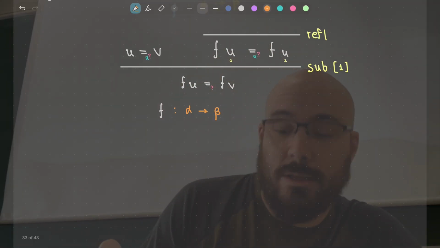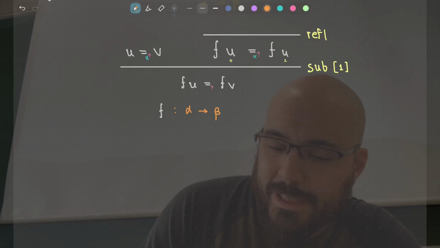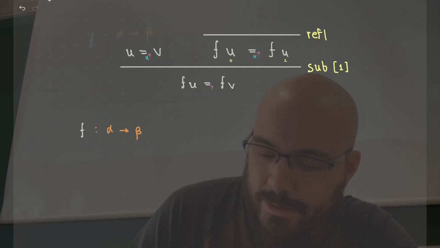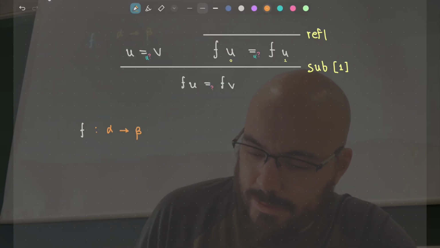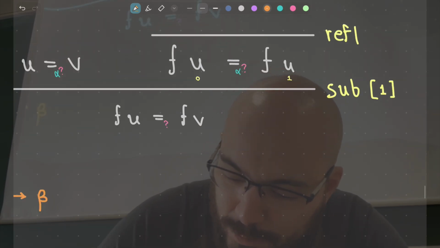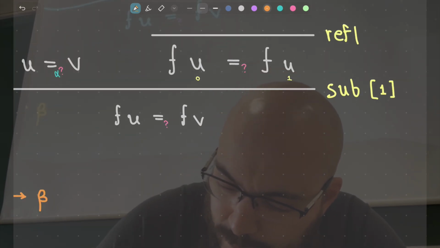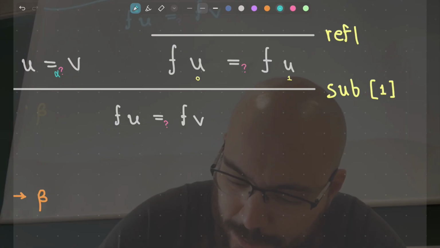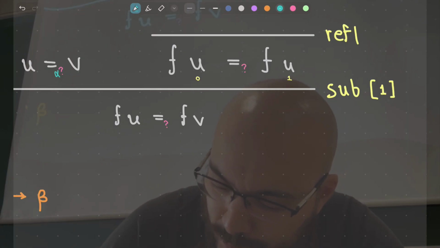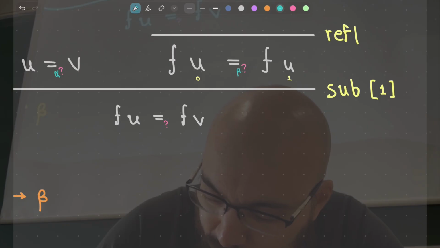So I want to be more generic and put any type beta. And this means that now I have a better idea of what to put here. This should be a beta, because by applying f to u, this becomes something of type beta.